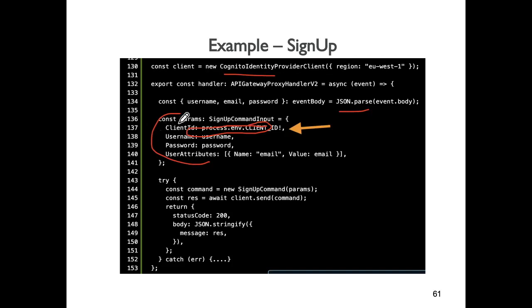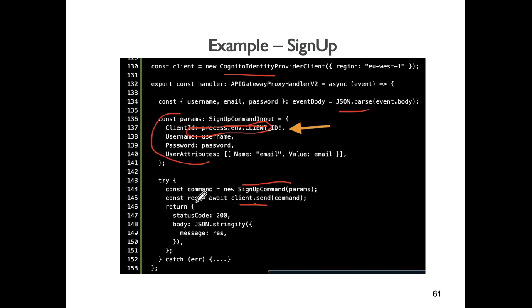Right, so I've created an instance of that object, and here I go. I create an instance of the command, and I send that command to the Cognito client, which unwraps it and sends the appropriate HTTP request to the actual Cognito service. And I get back hopefully a successful response.